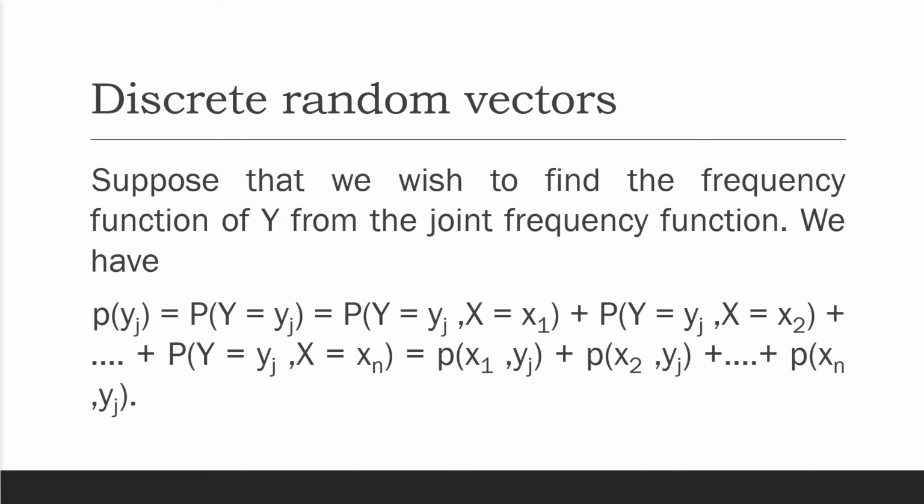In other words, to find the frequency function of Y, we simply sum down the appropriate column of the table. For this reason, p of y is called the marginal frequency function of Y.